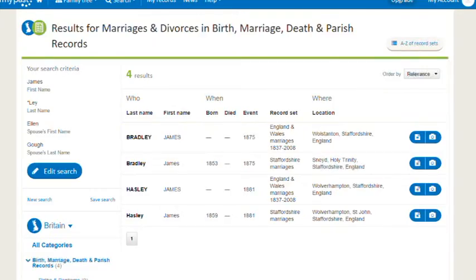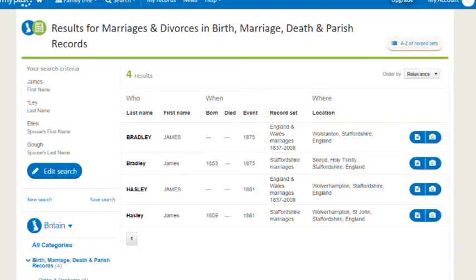And hey presto, there's immediately 4 results. Now, in fact, there's 4 lines there, but there are actually only 2 people involved here. One person is called James Bradley, and the other person is called James Hasley. And the reason that each person has 2 lines is that the website, Find My Past, doesn't only contain a database of the registration process, it also contains a database of church records.